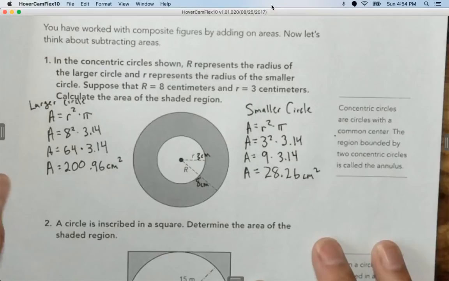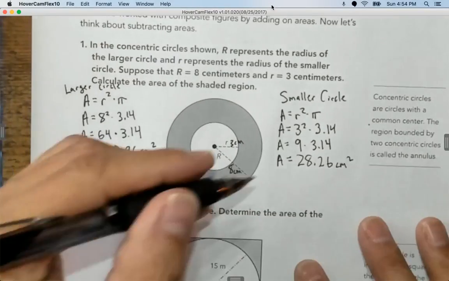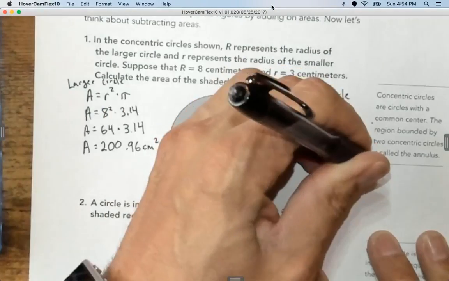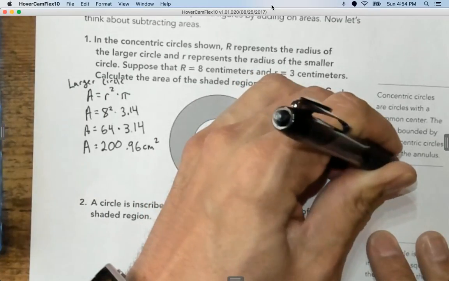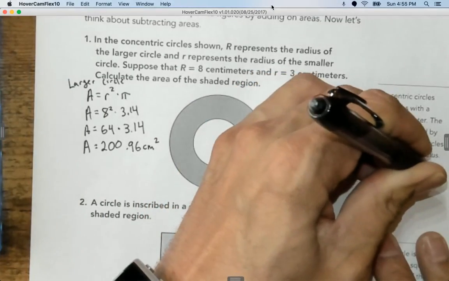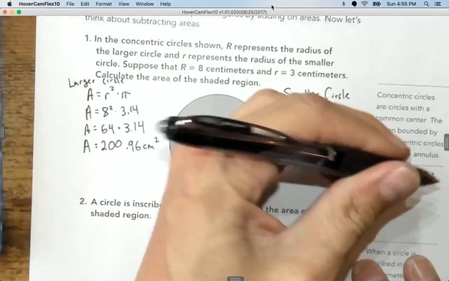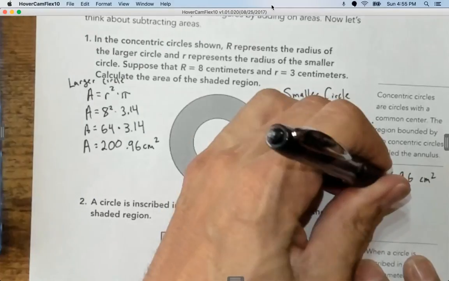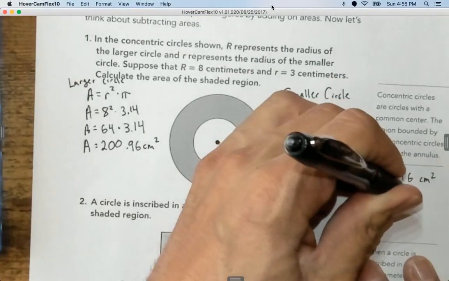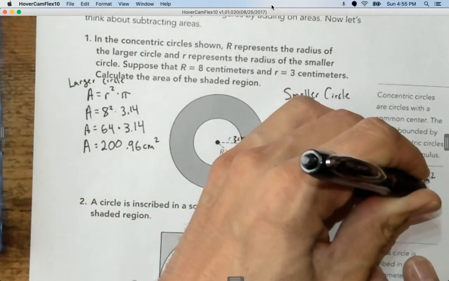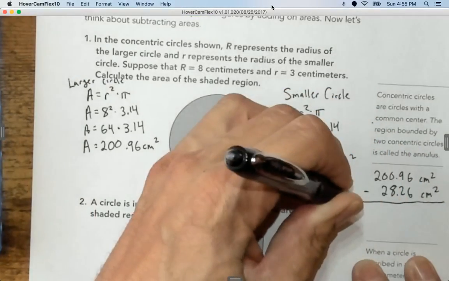And then, like I said, what we would have to do is take the larger circle and subtract away the non-shaded smaller circle. Okay.